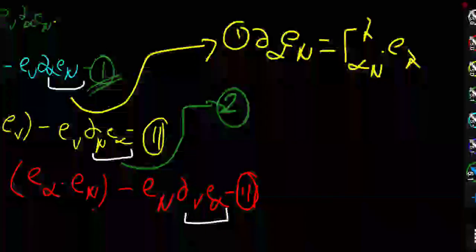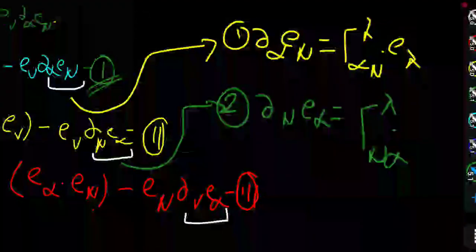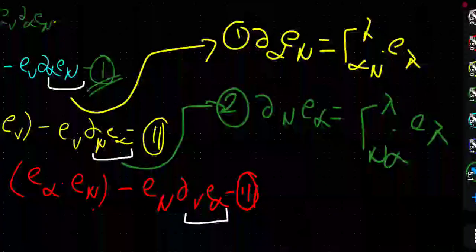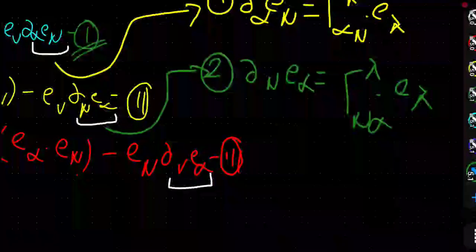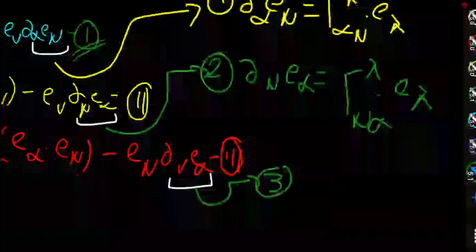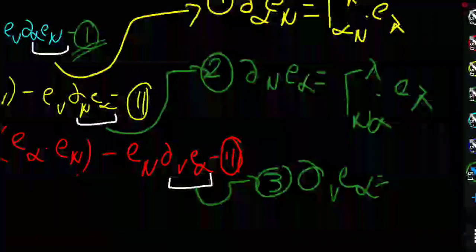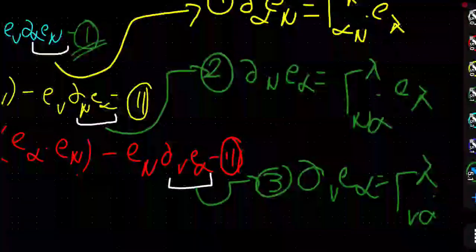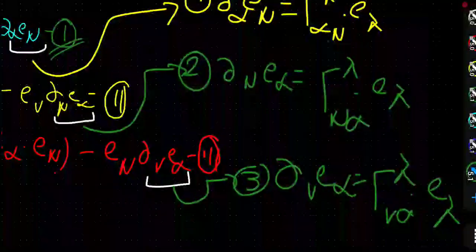I can also replace del of mu of E of alpha as the Christoffel symbol lambda mu alpha dot E of lambda. And this last particular term I can also replace: del of nu E of alpha is equal to the Christoffel symbol lambda nu alpha dot E, with lower index lambda.